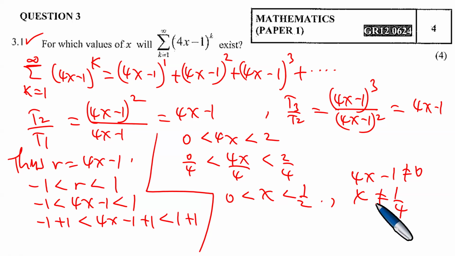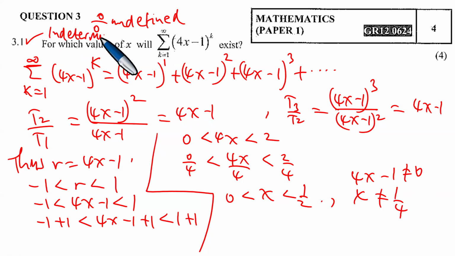If ever x is equal to 1/4, then 4x minus 1 equals 0, and you'd have 0 over 0, which is undefined. If you do not want to say 0 over 0 is undefined, you say 0 over 0 is what you call an indeterminate form.